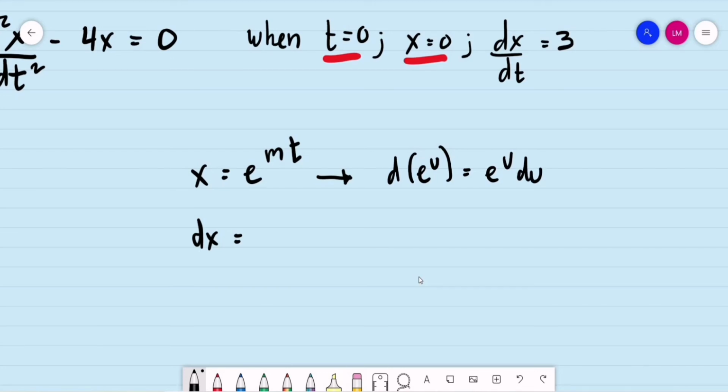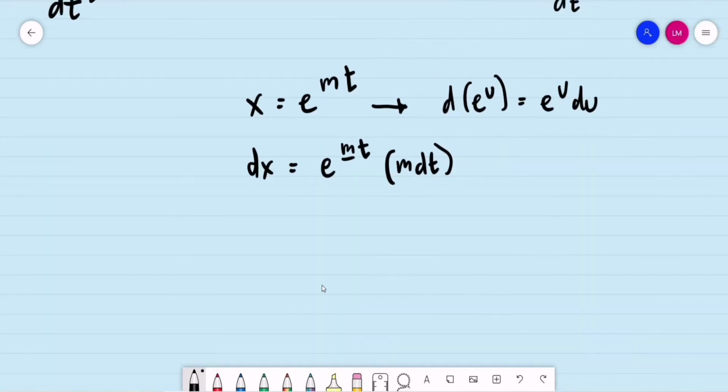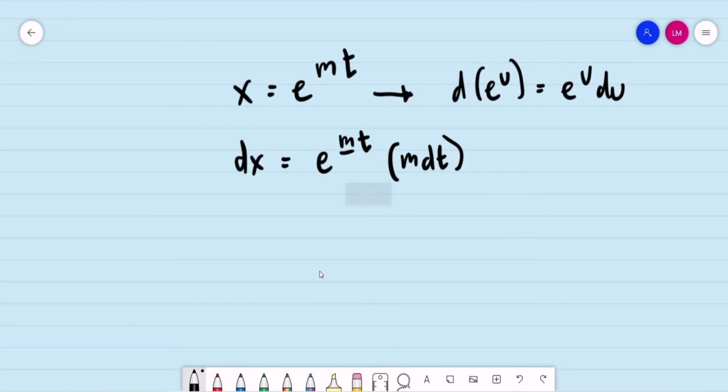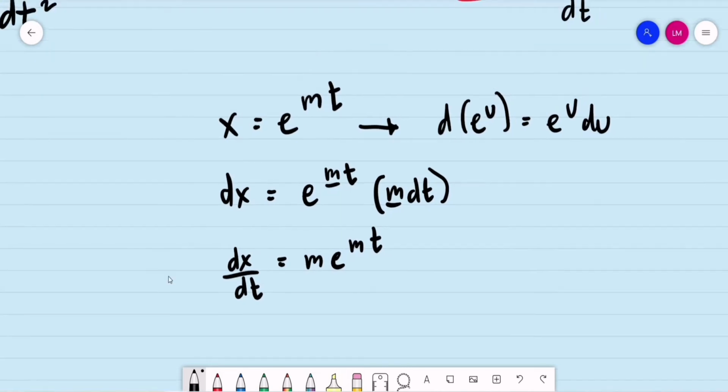So therefore, this will be e raised to mt, m is constant, t the variable, multiplied by m dt. So we have the equivalent of dx divided by dt, which is m multiplied by e raised to m times t. That will be the equivalent of the first derivative.